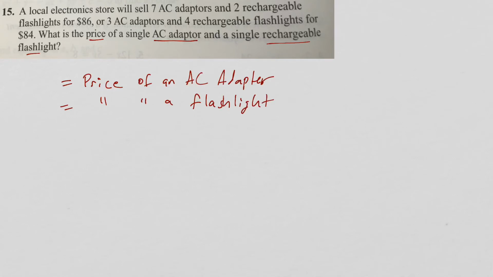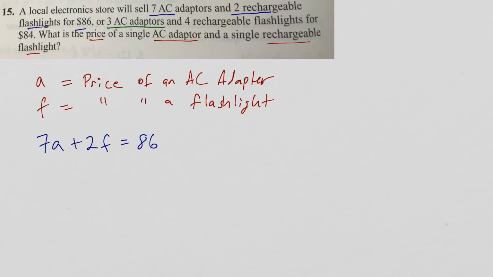Okay, so I'll call this one A for AC adapter and this one F. Now, let's look at the equations. 7 AC adapters must cost 7A. So I'll take 7A and I'll add that to 2 flashlights, so 2F. That's going to be $86. That's there.